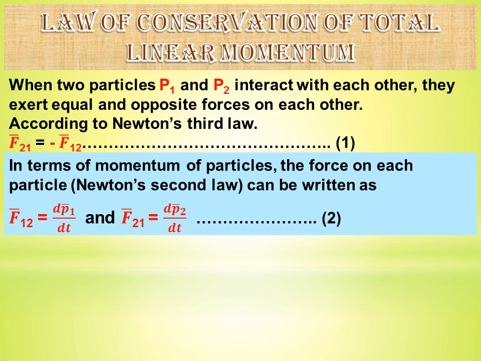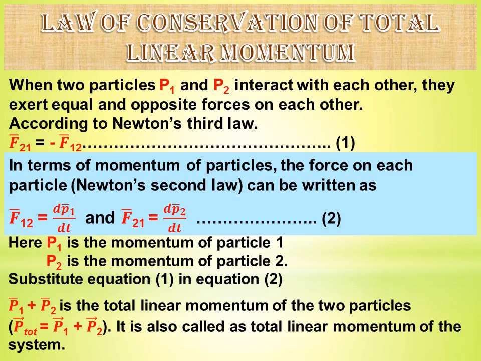Now, in terms of the momentum of each particle, using Newton's second law, we can write F12 vector is equal to dp1 vector by dt, and F21 vector is equal to dp2 vector divided by dt. Let's take this as equation number 2.